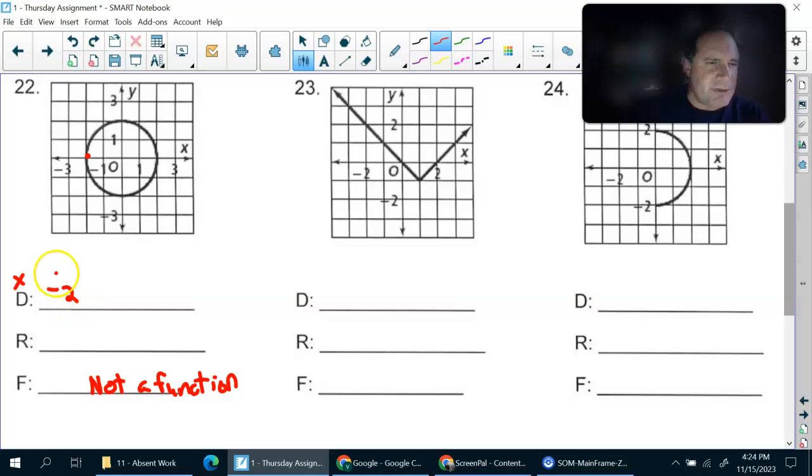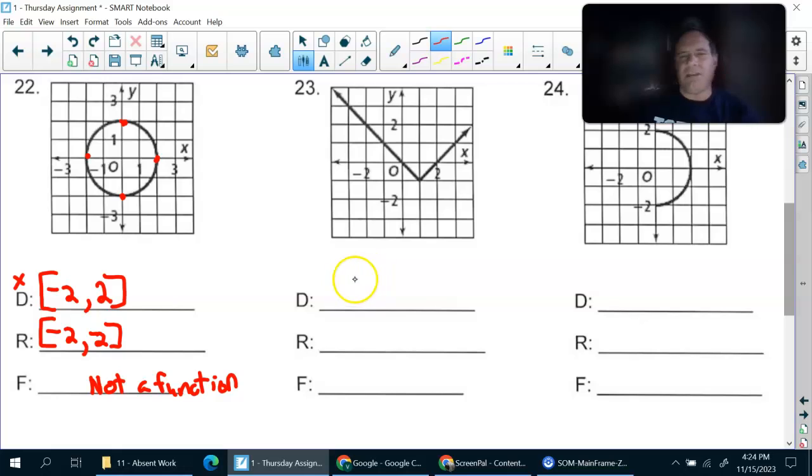So put -2 down, and it is a bracket. This is 2, that's the rightmost part of the graph, and that is +2. The range is the lowest first. That is -2. And then we're going to go to the highest, and that is 2. So the range and domain are the same.